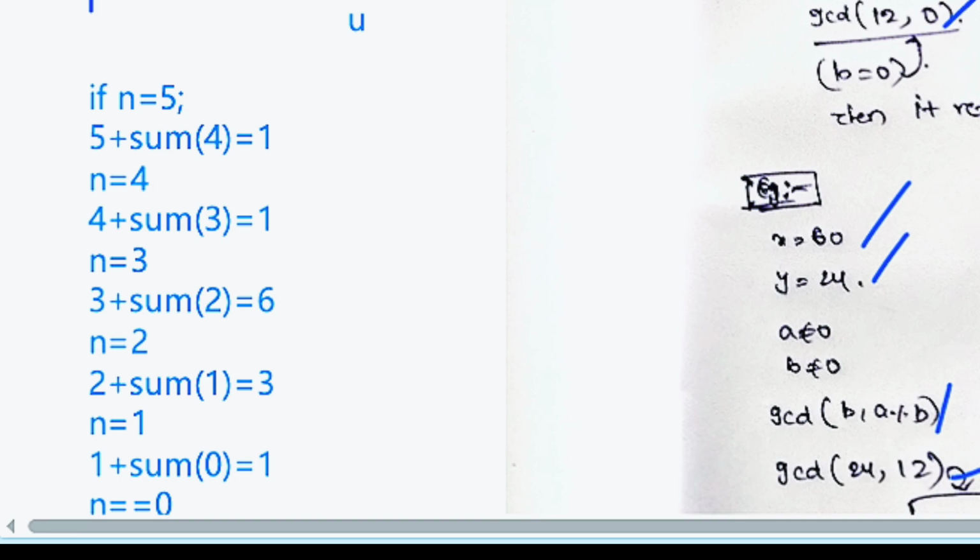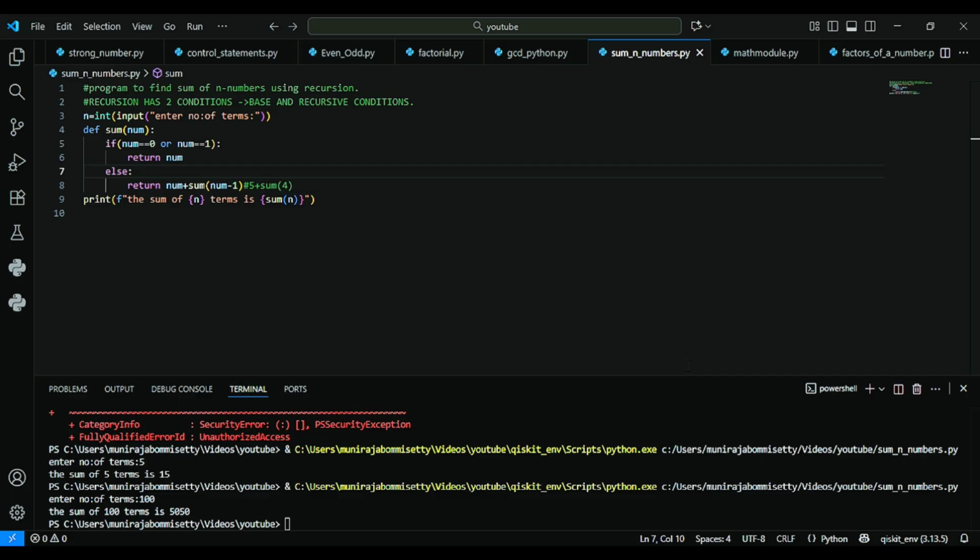The sum is updated for each term: the sum of 2 terms is 3, and 3 plus 3 is 6. Then the sum of 3 terms plus 4 is 6 plus 4, that is 10. The sum of 4 terms plus 5 is 15. This is the way we print the sum of n numbers by using recursion.